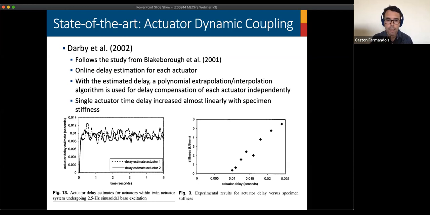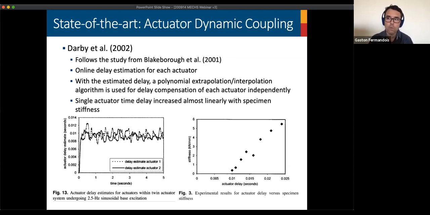The figure on the left shows the delay estimate for each actuator. You can see that at a given time, both actuators don't have exactly the same delay estimate, even though these two actuators are considered to be twin actuators, almost identical.